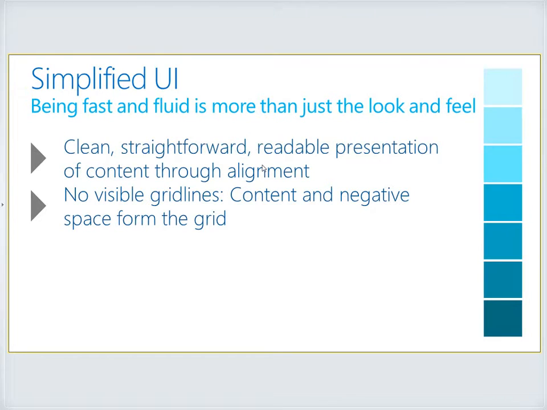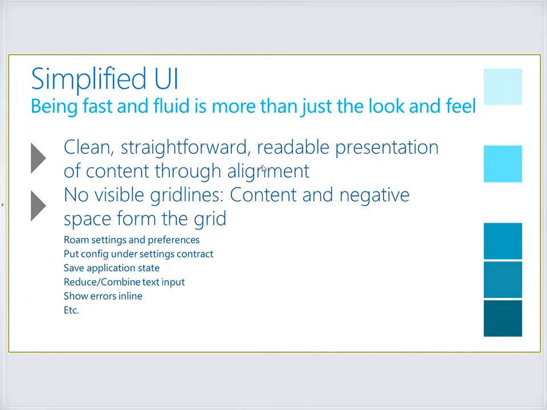So fast and fluid, again, it's more than look and feel. You can follow all the rules in a Metro style application and still not have a great application if you don't think about alignment, right? If you don't think about using the type ramp correctly, if you don't think about your information structure being appropriate. And content and negative space really make it easy for you to do that.